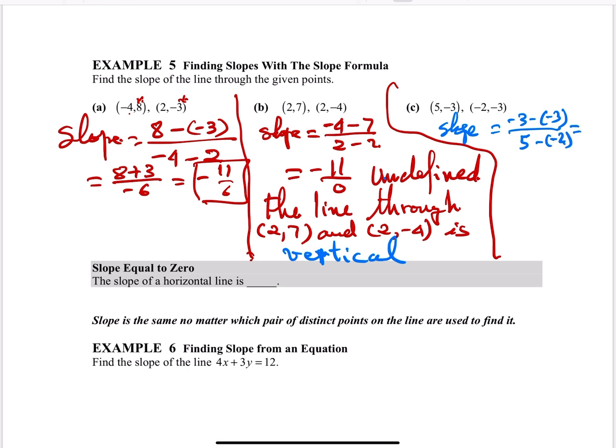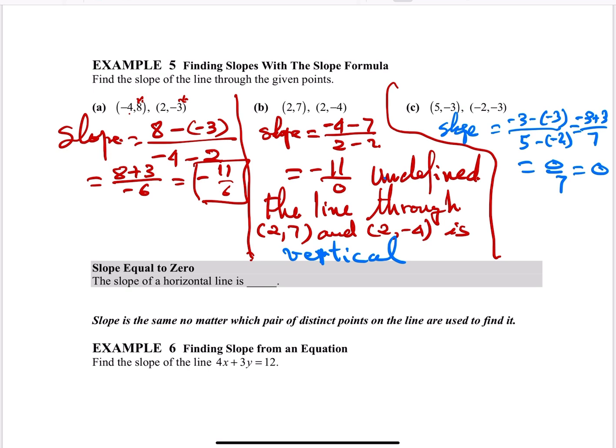So here you can tell you have -3 plus 3 divided by 7. So this one is 0. Why is it 0? 0 over 7 is just 0. So if you have a 0, then you can say the same thing here, but it's horizontal, okay?